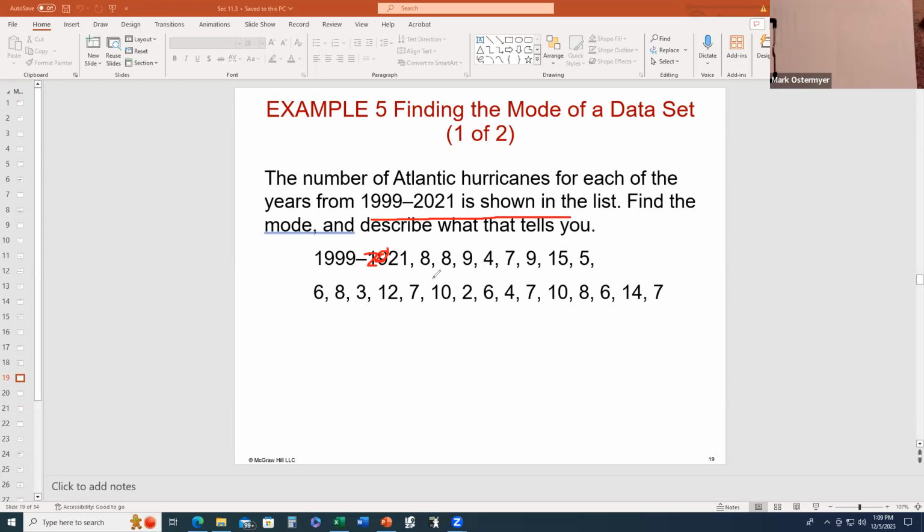But let's see, 8 occurs 3 times, 4 times, right?